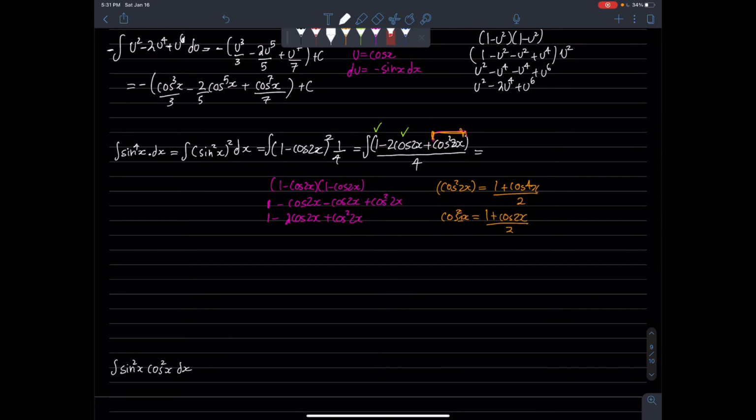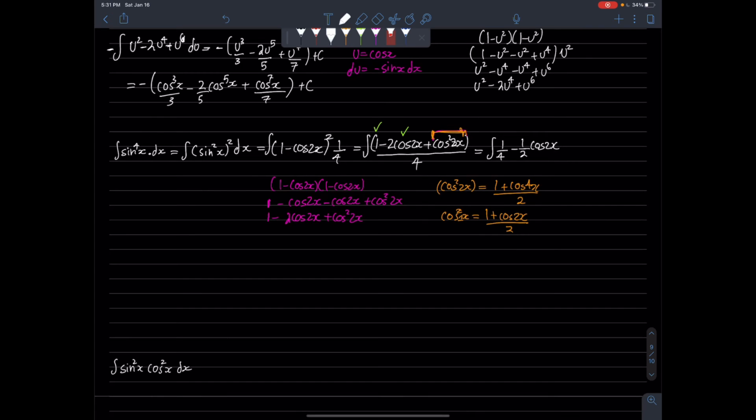This one, we'll break it up. So what we're going to do is the integral of 1 over 4 minus 1 over 2 cos 2x plus 1 over 2 times 1 over 4 times 1 plus cos 4x.